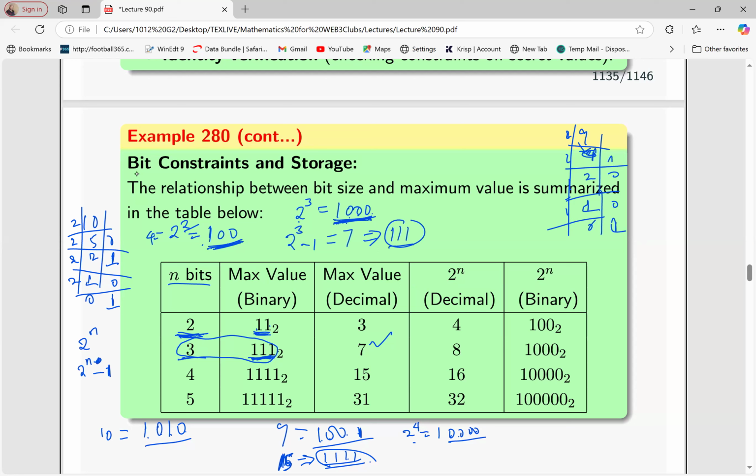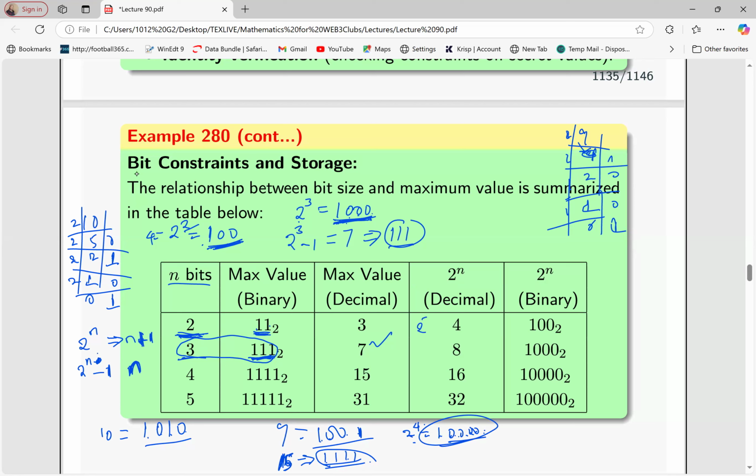As we've seen, 2 raised to n would require n plus 1 bits, and 2 raised to n minus 1 will require n bits. Let me show an example here. 2 raised to 4 is 4 plus 1 bits: 1, 2, 3, 4, 5 bits.